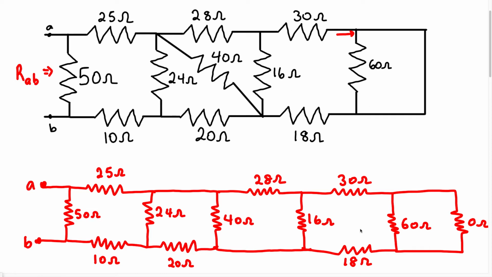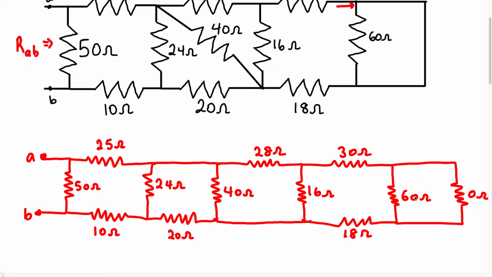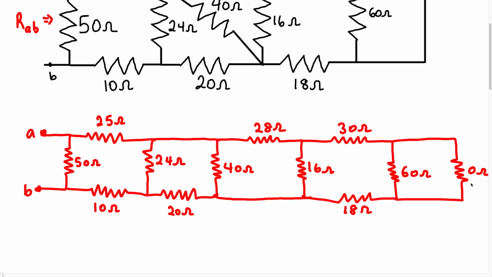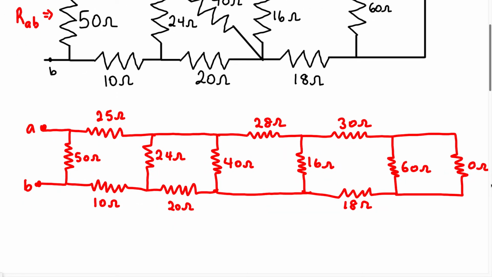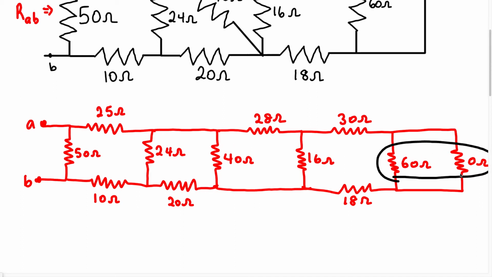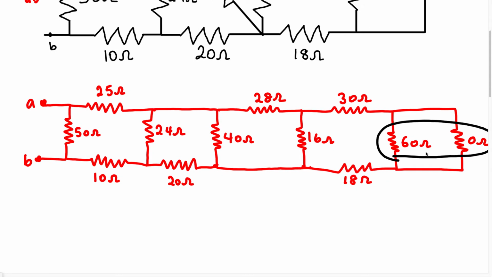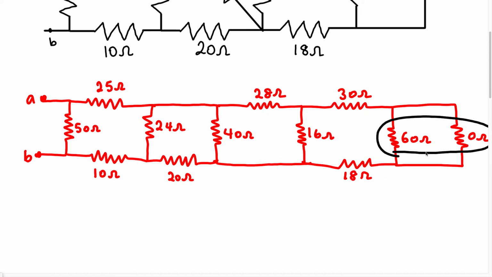So we're going to start right here, right? When we look at these two resistors, are these resistors in series or are they in parallel? Well, we know these two resistors are going to be in parallel, right? So because these two resistors are in parallel, let's find the equivalent resistance. We can say 60 multiplied by 0 over 60 plus 0.